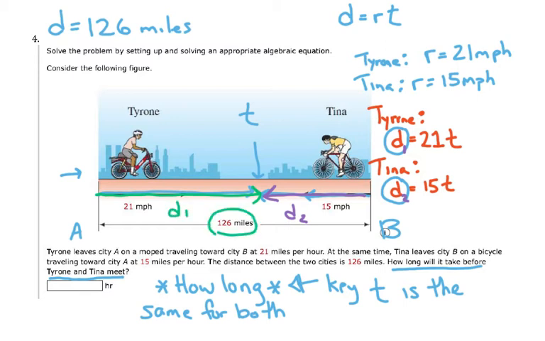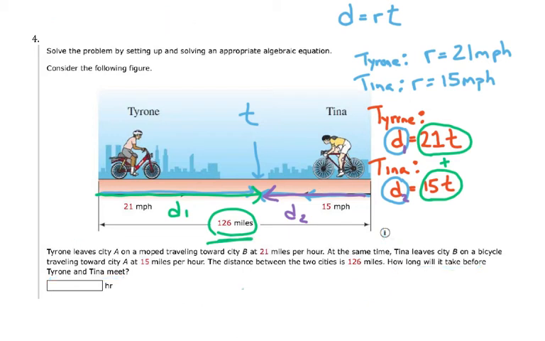When we add them up, that equals 126 miles. So that means I can take 21t and add it to 15 times t, and that has to equal 126 miles.